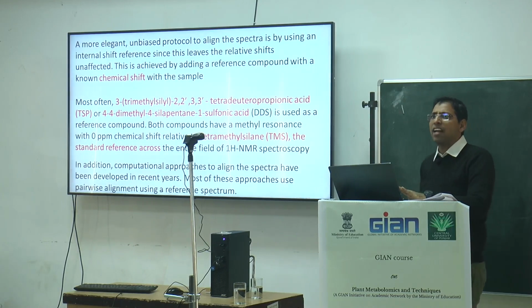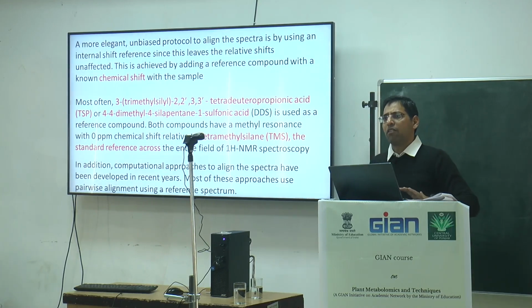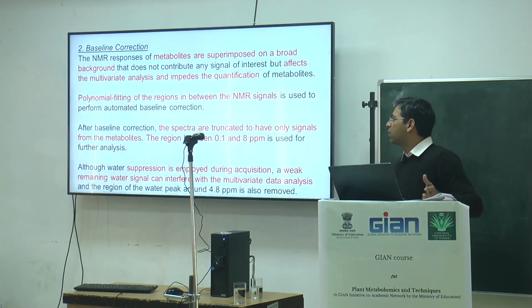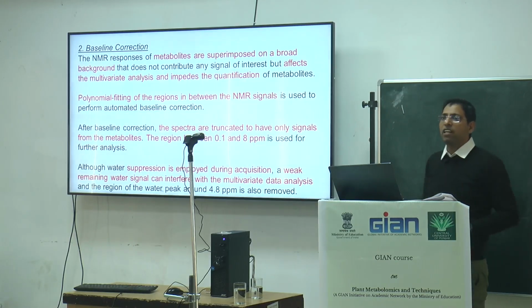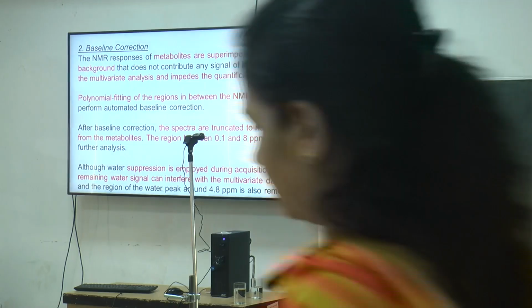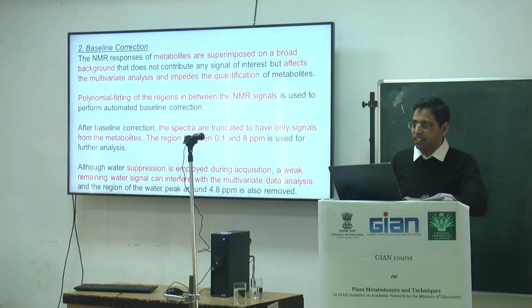So spectrum alignment was a computational issue, variation between the different spectra. It can be sorted out by using the reference materials, but yes, a few computational tools can give you a better recommendation for the same thing. The second issue that comes up with spectrum pre-processing of the data analysis is baseline correction.